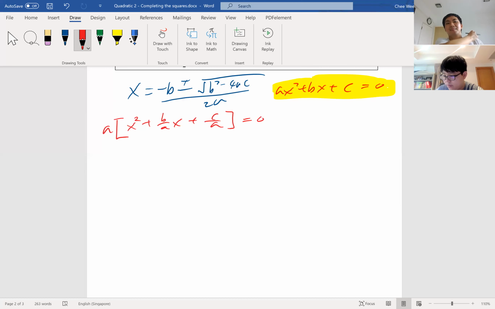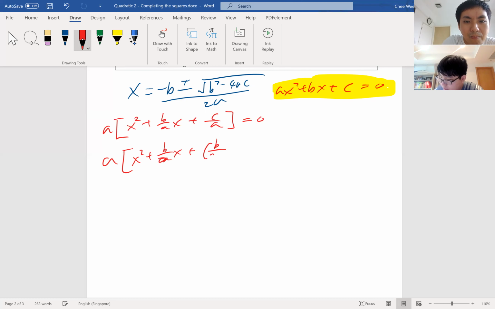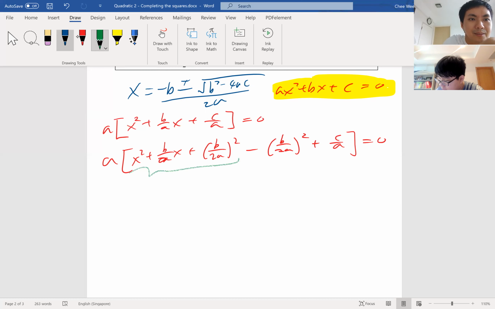ax squared plus b over a x plus b squared over 4a squared. Good. Okay, so minus b squared over 4a squared plus c over a. So a, x squared plus b over a x plus b squared over 4a squared, and then minus b squared over 4a plus c over a.